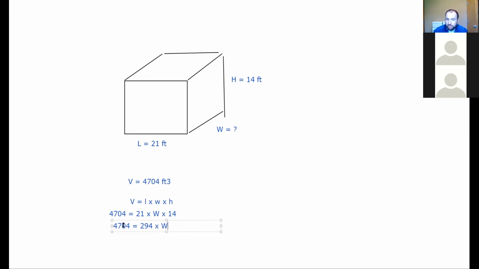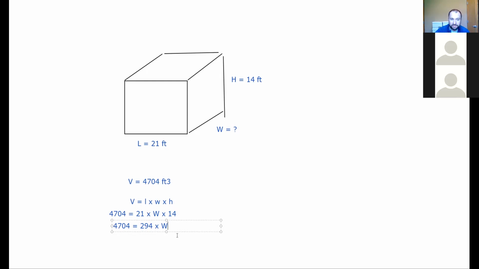Okay, and for those of you that have gone through algebra, the last step to figuring out what this number is, other than just guessing and checking, we could pluck a number out of thin air and we could eventually find the right number. But the easier thing would be to solve for W. We do the opposite function of what's being done, right? So what is the opposite of multiplication? Division.